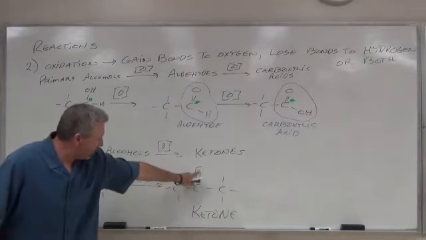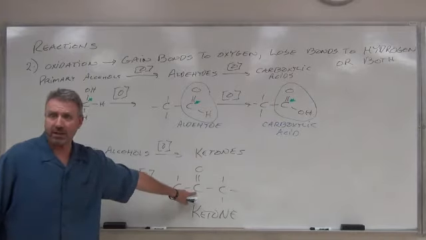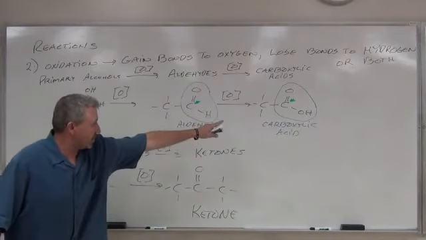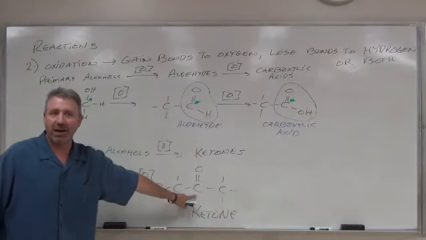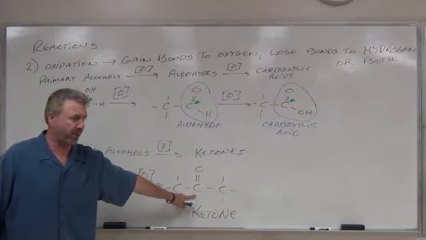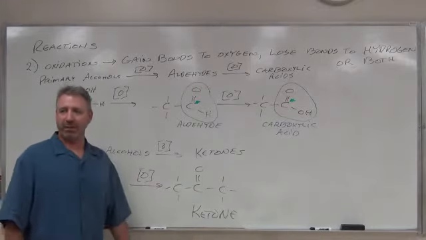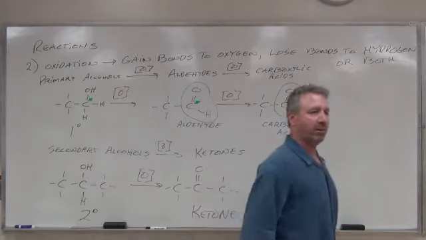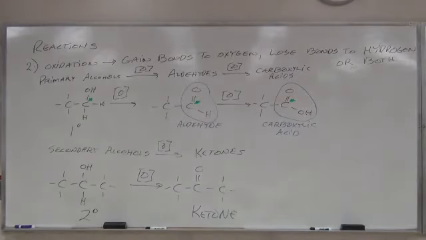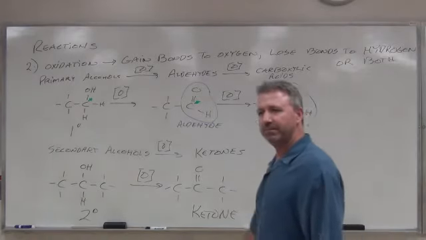A C double bound to an O, notice that both aldehydes, carboxylic acids, and ketones all have a C double bound to an O. Call that a carbonyl group. We'll see that in a little bit. But the 2 remaining bonds have to be to carbon. They have to be to carbons. It can't be to hydrogens or OHs or anything else. They have to go to carbons. And you have yourself a ketone.